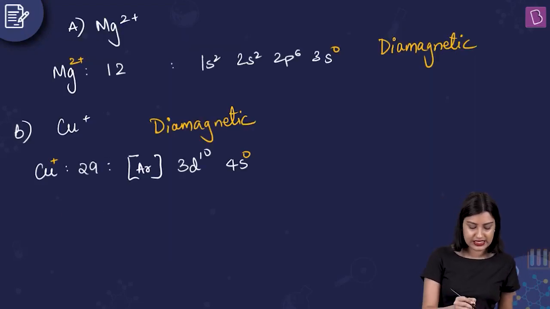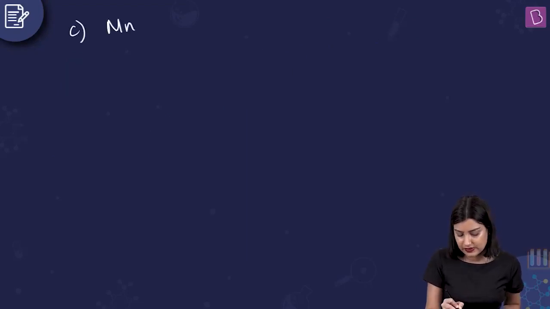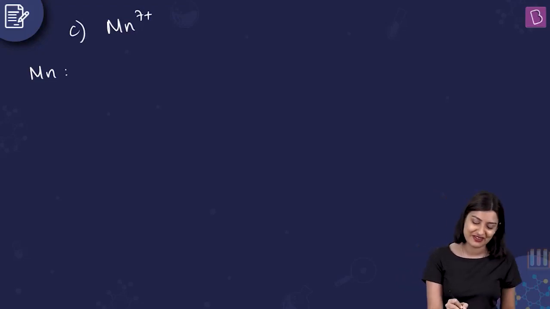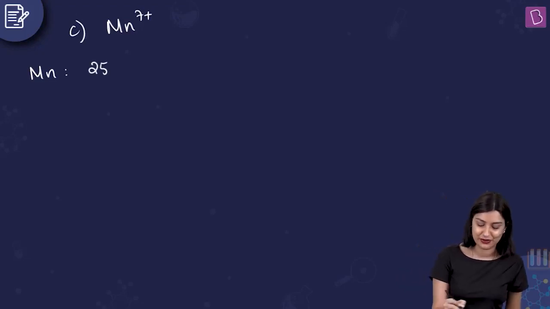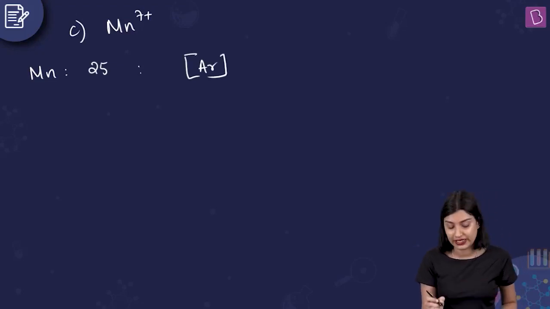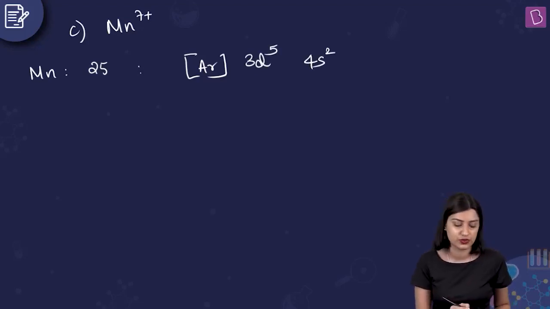Then we have option C, Mn7+. Manganese 7+. What is the atomic number of manganese? 25. So again, I'm going to put an argon core, which accounts for 18 electrons. Then you have your 3d, then you have your 4s. So 4s2, 3d5. This is what you have.